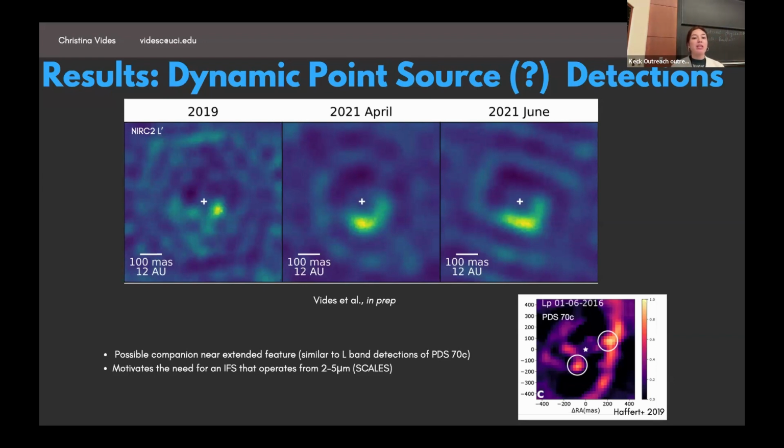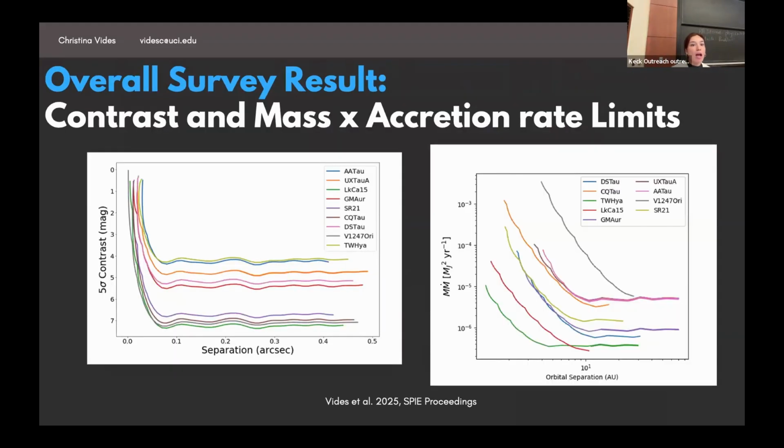This really motivates the need for simultaneous spectral information along with photometric information, because we can both search for position angle evolution and also disentangle disk features from a companion signal. And for the overall survey, we show our contrast limits for a subset of targets.